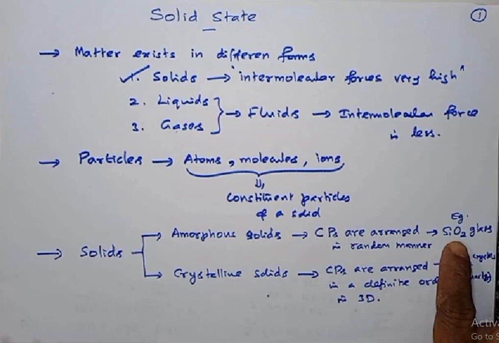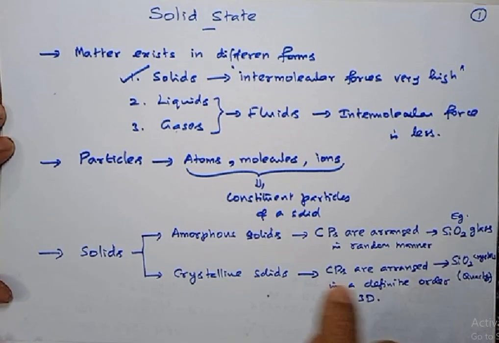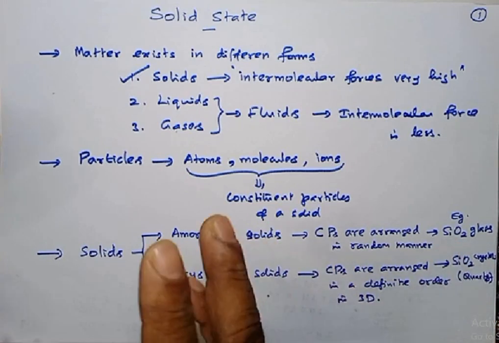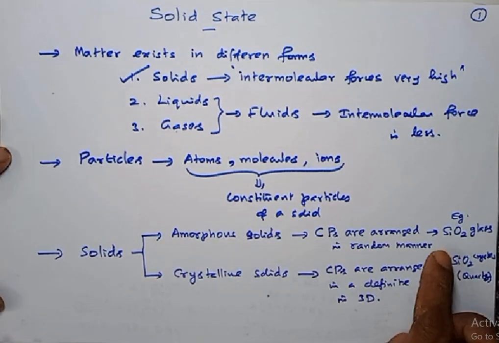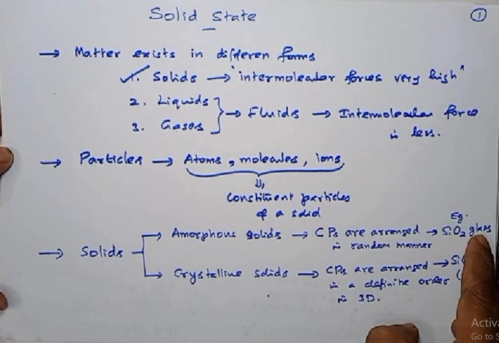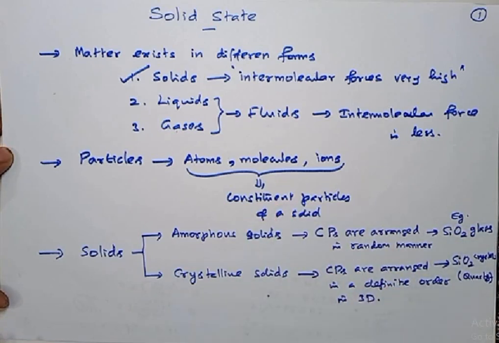Here also silicon dioxide, but here the arrangement is not in a definite order. The arrangement is completely random. So silicon dioxide glass is an example for amorphous solid. Silicon dioxide crystals, also called quartz, is an example for crystalline solid.